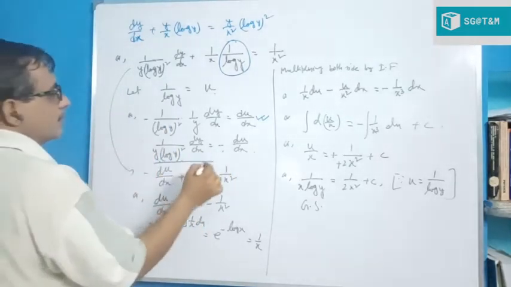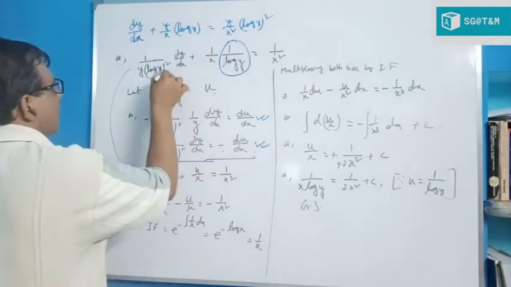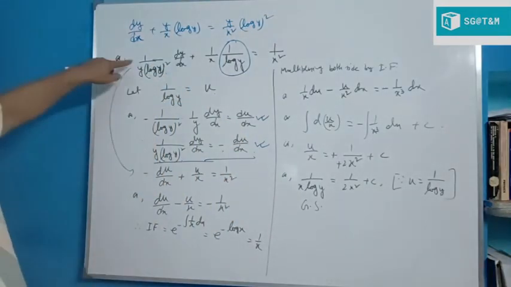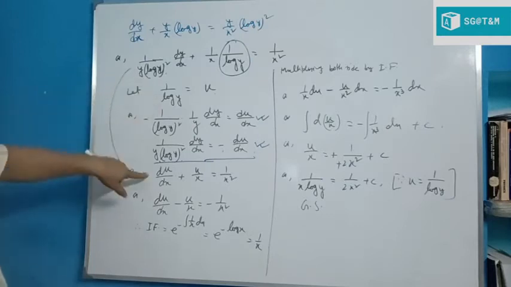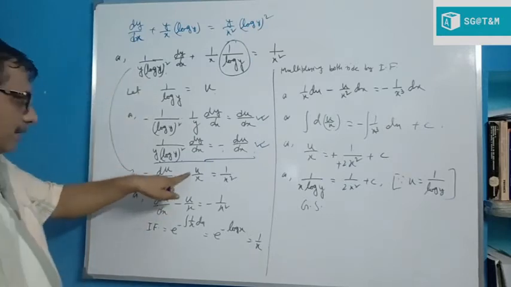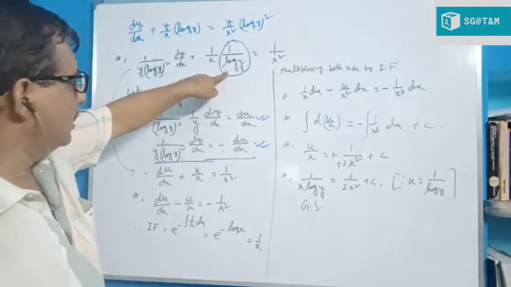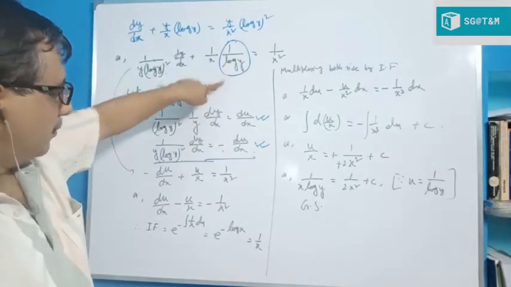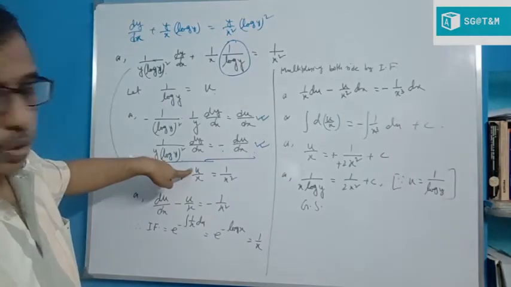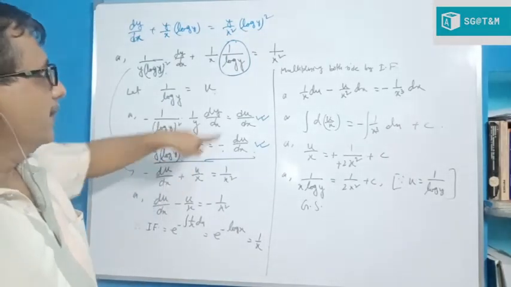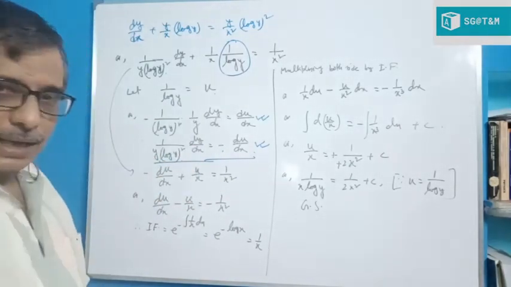Next, replace these things here. So 1/(y (log y)²) dy/dx is nothing but minus du/dx, plus u/x is equal to 1/x². This is u, so it is u/x, and 1/x² remains intact.